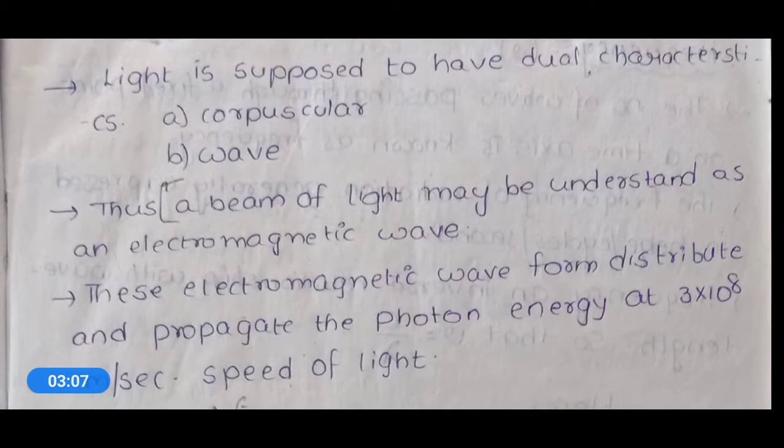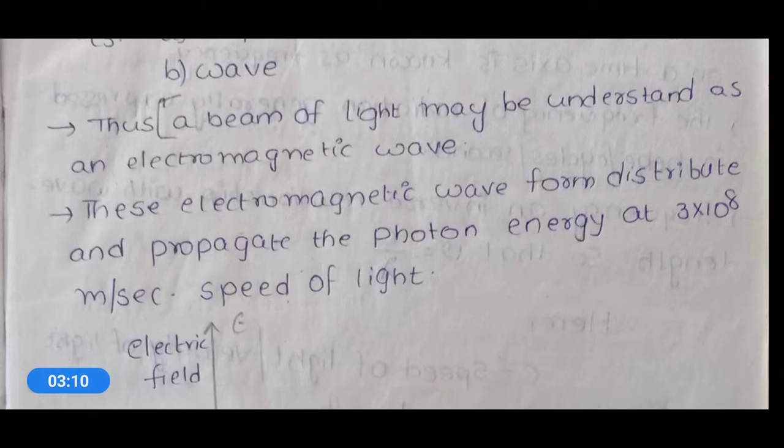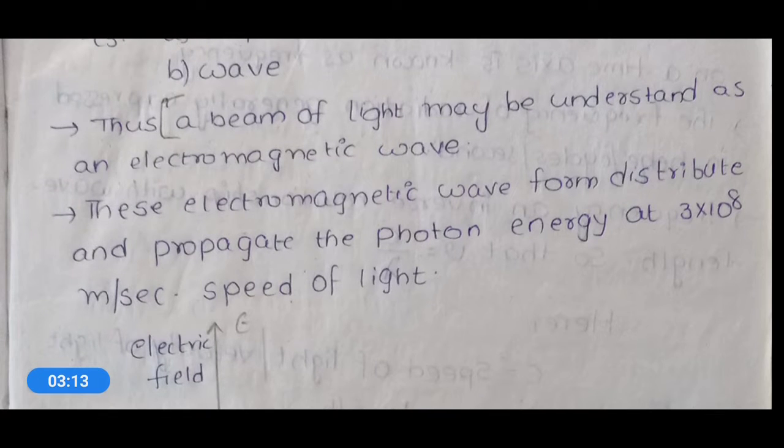These electromagnetic waves propagate the photon energy at 3 into 10 to the power of 8 meters per second, the speed of light.